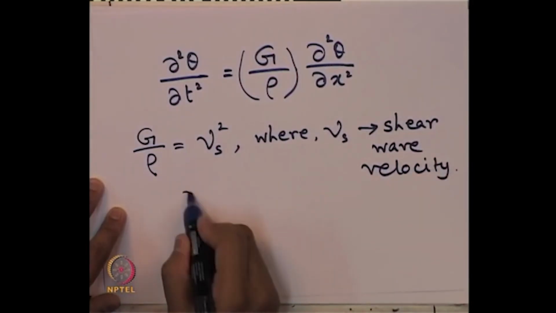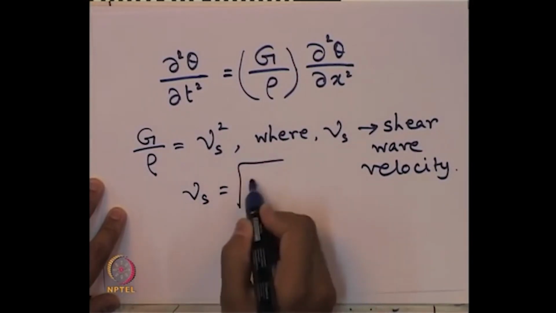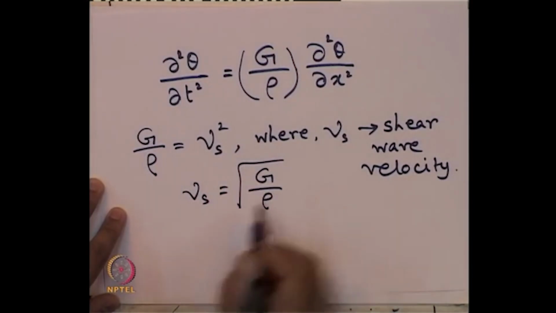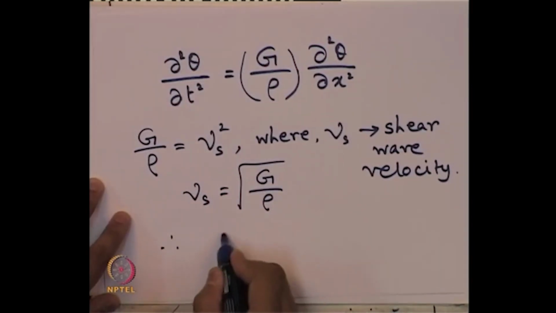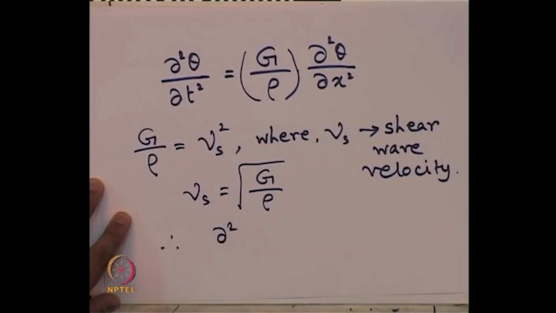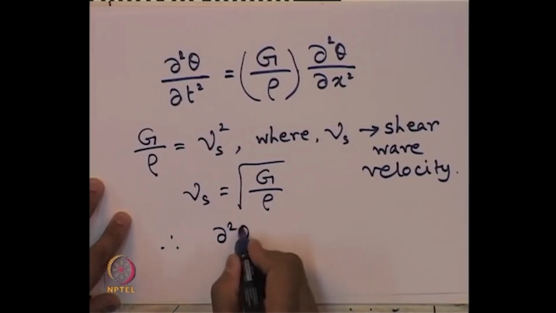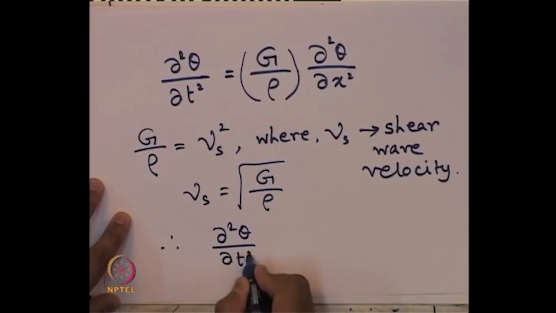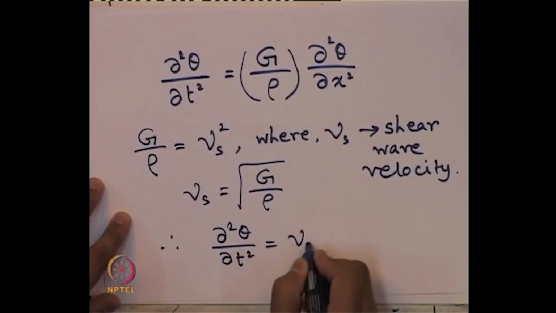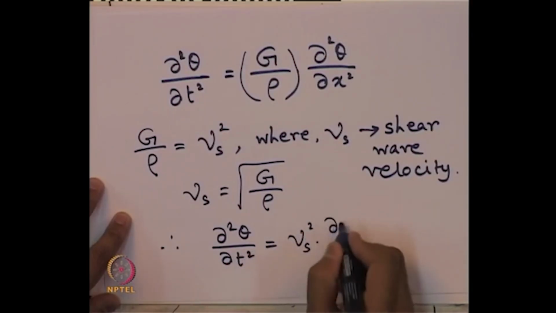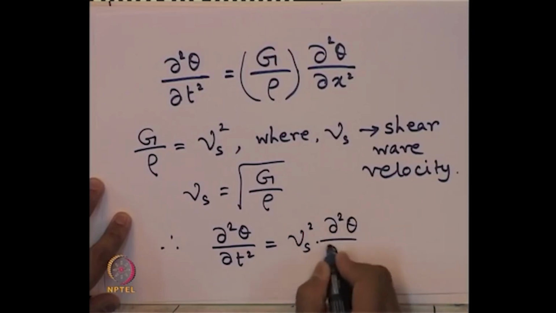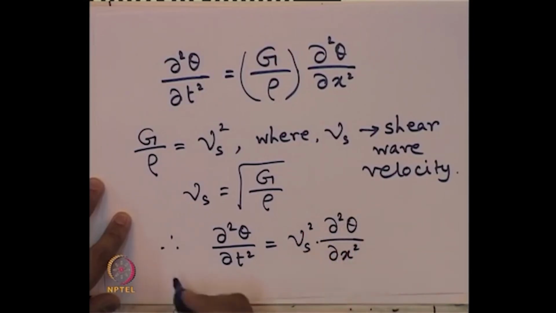That means Vs is nothing but root over G by rho. So, we can write that del 2 theta by del t square equals Vs square times del 2 theta del x square.